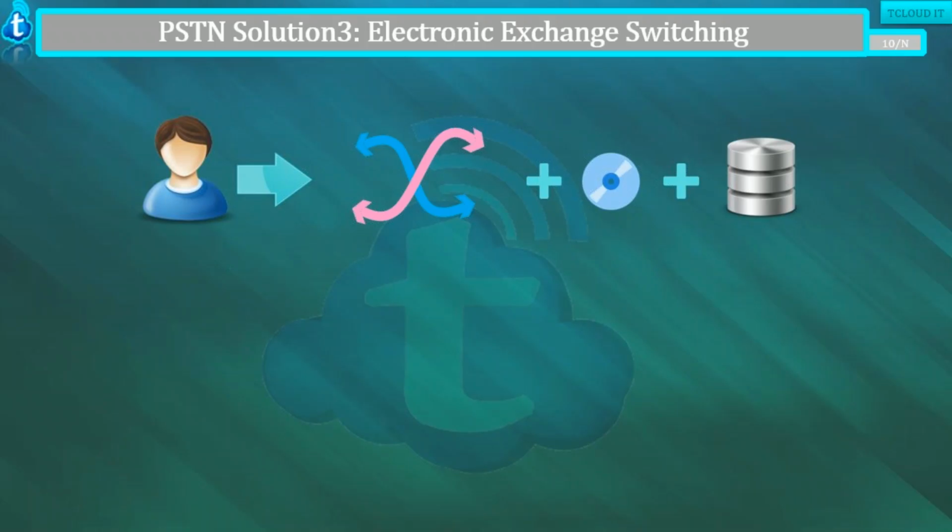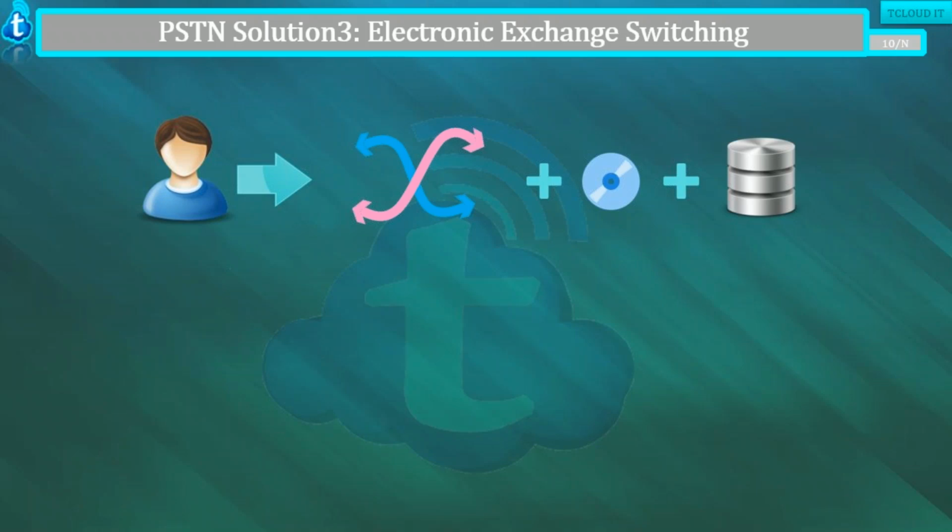So these three things we require in the exchange in the middle. If we have all these three things, we can replace the human beings with this electronic switch, say bye bye to the human in the middle, and automatically the switch will be doing the job 24/7 without any humans.